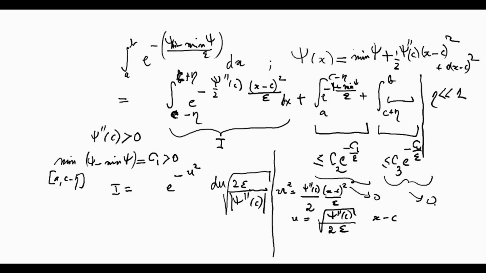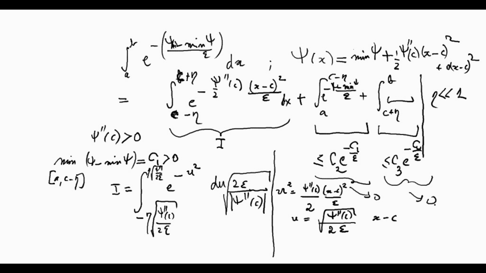And then we have to integrate. So when x equals c minus eta, we get here minus eta square root of psi second c divided by 2 epsilon, and here we have eta, the same quantity with a sign plus, divided by 2 epsilon.